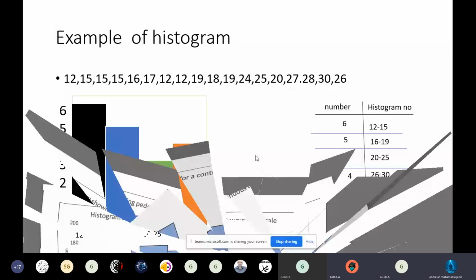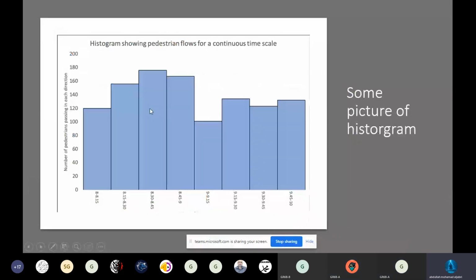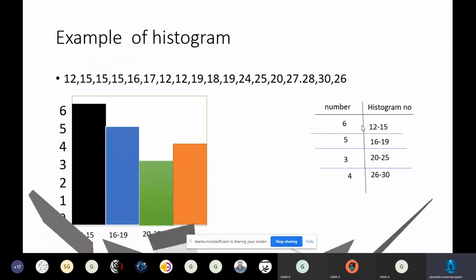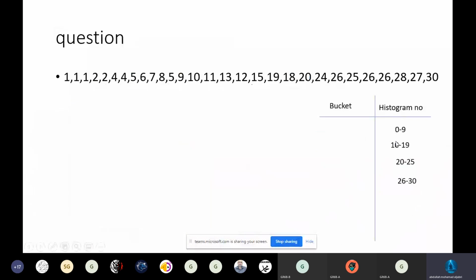Yeah, Hamad, you can do it like this. You make blocks in your notebook. After that, I will do the same as here. We have this one, and I'm gonna ask you how many numbers from 0 until 9. You can start now. Okay, and what's the bucket?